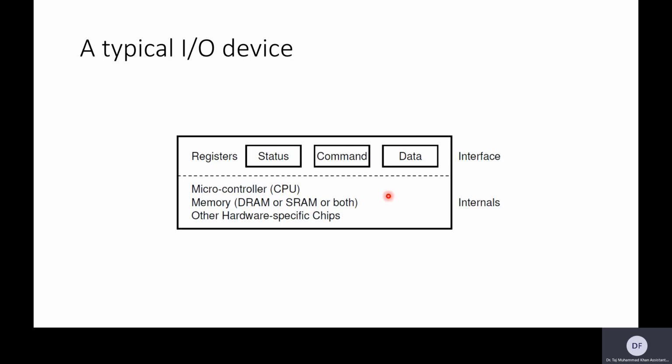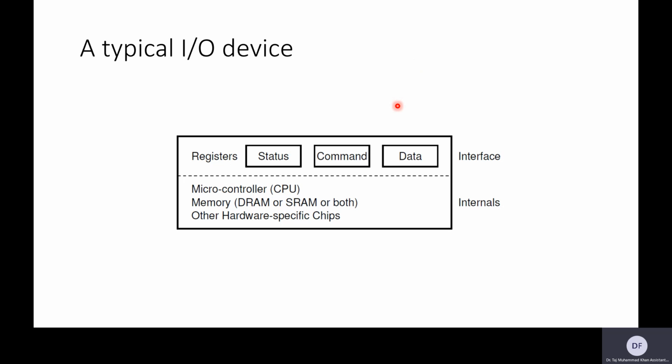Internally, the device will read the write command, and then it knows that the CPU wants to write data, so it will read data from these registers and store it inside itself. Similarly, for a read command, vice versa, the CPU will give a read command to the device, and the device will transfer the data that the CPU is asking for in these data registers, from which the CPU can then read data.